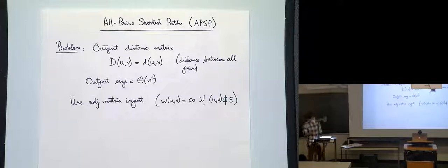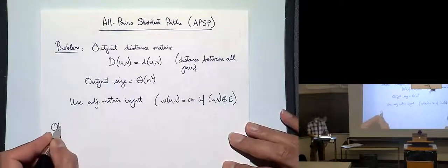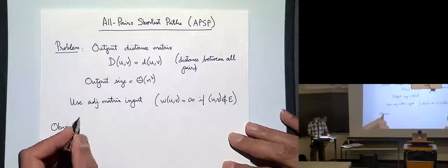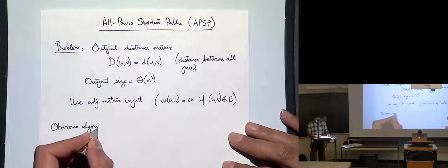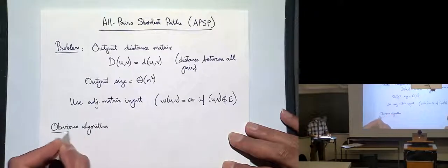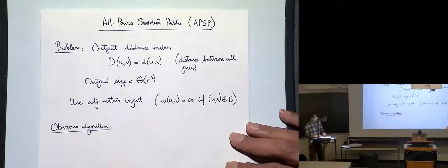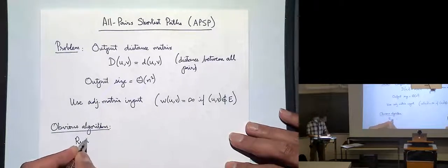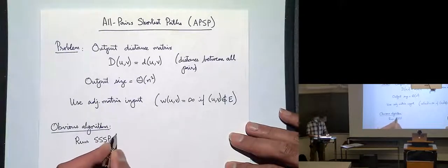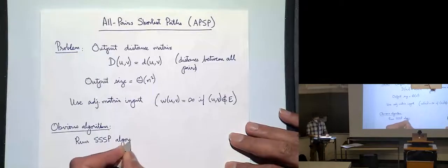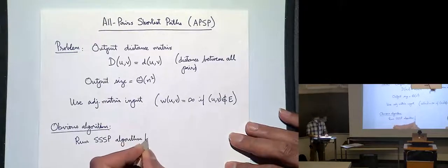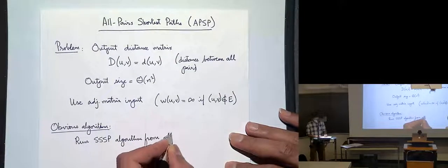Okay, so what is the obvious way to solve this problem? Well, you could just run a single source shortest path algorithm from all sources. So the obvious algorithm is to run an SSSP algorithm from all sources.